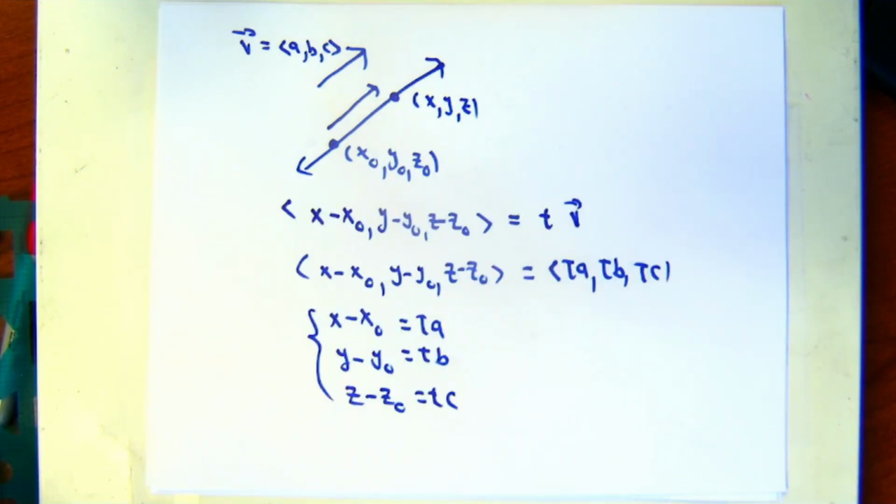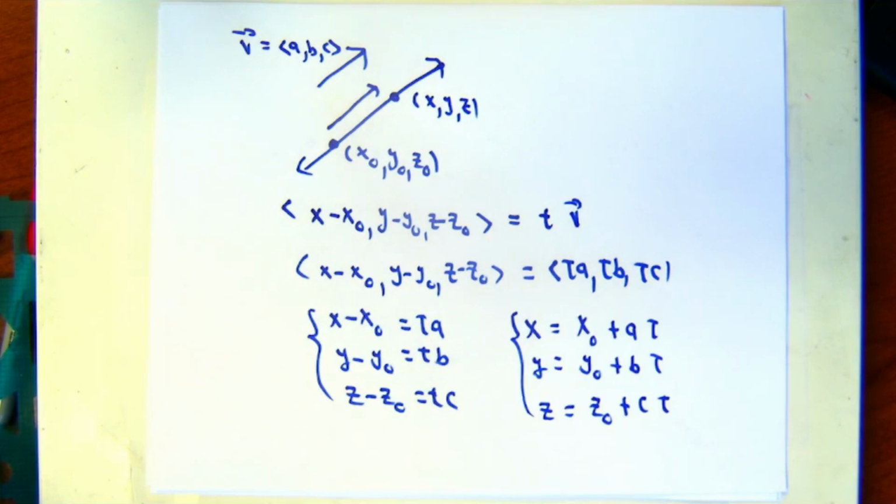If you write out what that vector equation means and then split it up into components, you find out that these three things must be true. For many purposes, it's useful to write them in this format. This is very strongly reminiscent of the point-slope form of the equation for a straight line in our previous work.